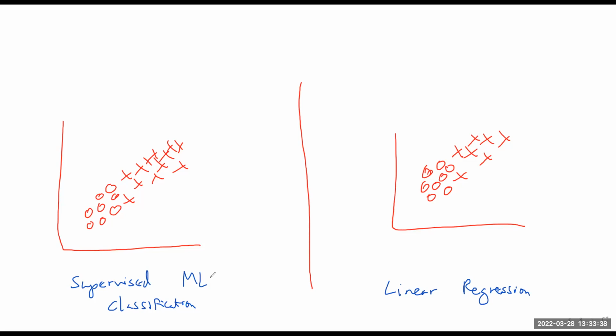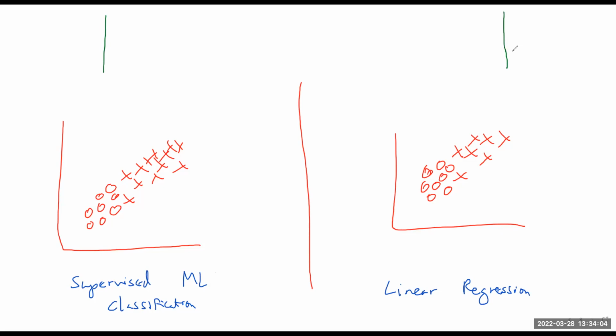But I'm creating the exact same thing, a line. So in both cases, let me use a different color, I want to create a straight line like this. In both cases, I have the machinery to create that line. However, the angle of that line is different based on the objective.